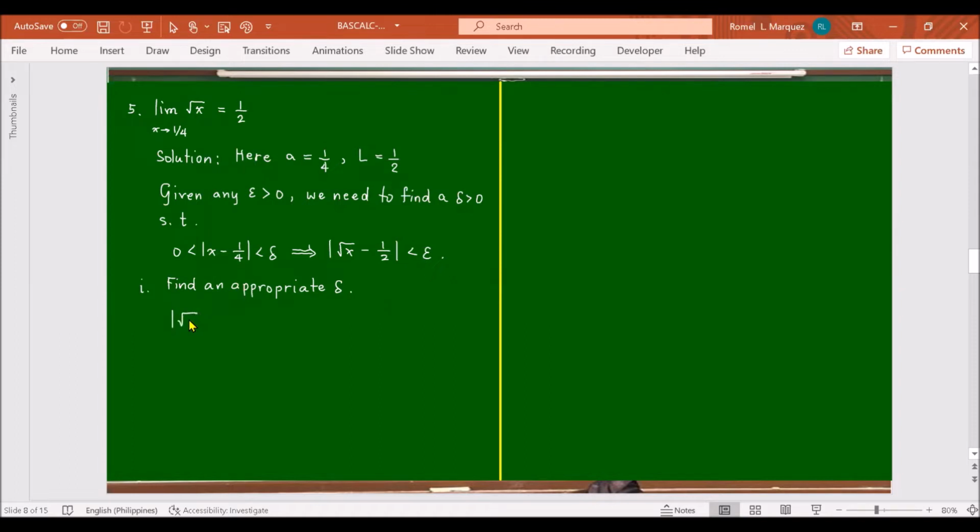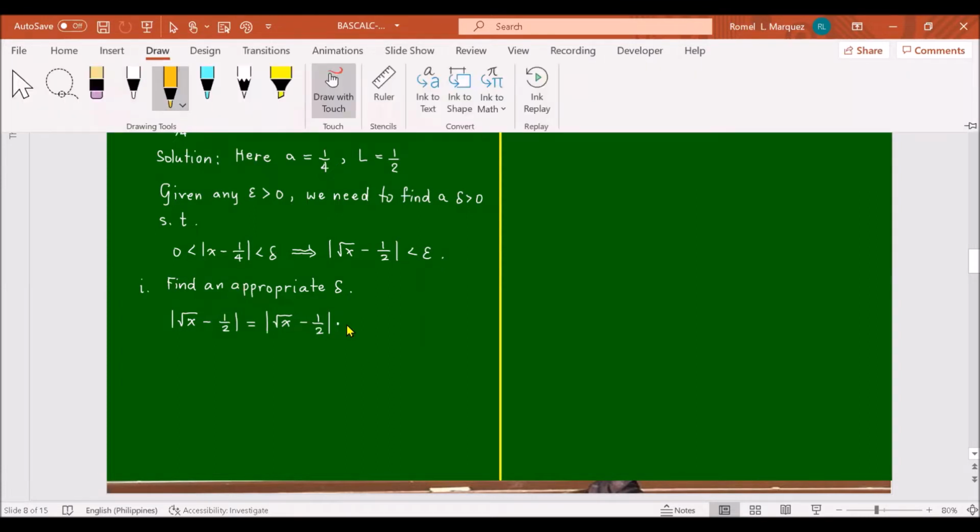So absolute value of square root of x minus 1/2. Our goal is to come up with absolute value of x minus 1/4 out of this. So in order to get that, we multiply absolute value of square root of x minus 1/2 by the conjugate, both the numerator and denominator.